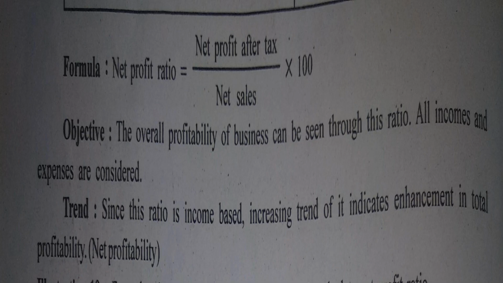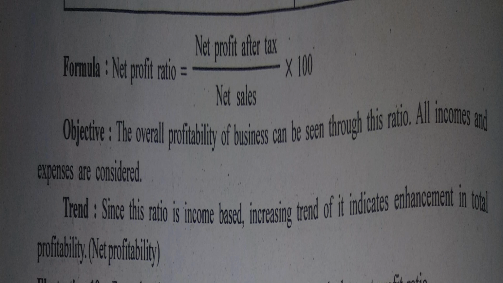The formula for net profit ratio is what? It is net profit after tax upon net sales into 100. This is the simple formula of net profit ratio, just the way you had about gross profit ratio. It was gross profit upon net sales into 100.